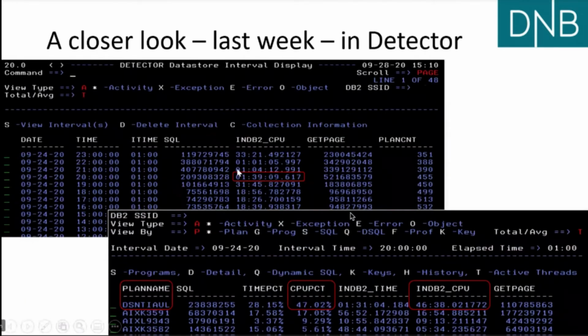Here I find some high numbers in Detector, 8 o'clock in the afternoon and evening. Quite high CPU usage. And I see this is a DB2 job or program for running specific SQL. So I can say, okay, here is somebody probably extracting some data.